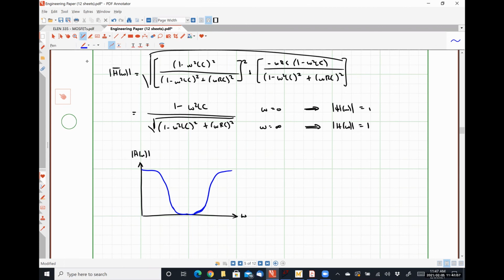In the middle here we have omega naught, and then if this guy is 1, let's put 1 over root 2 right here. So this is omega low, this is omega high, and we have the exact same numerical values for omega naught, omega low, and omega high as the bandpass filter.